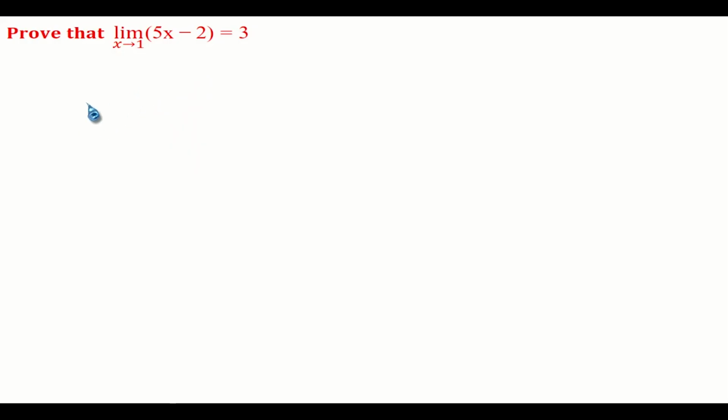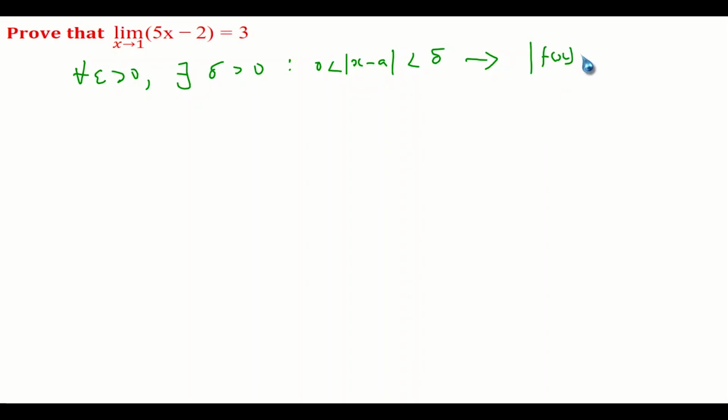But before then, you have to write this statement: for every epsilon greater than 0, there exists delta greater than 0, such that if the absolute value of x minus a is greater than 0 and less than delta, it follows that the absolute value of f of x minus L must be less than epsilon. This is what we want to show by the time we get the value of our delta.